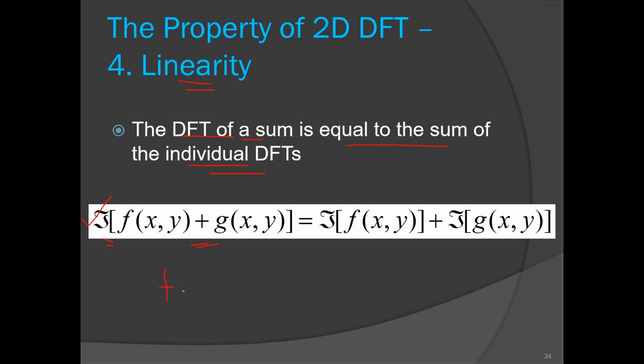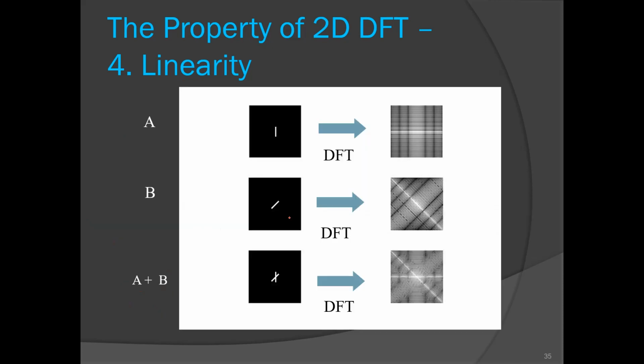If we have f into g and take the Fourier transform of this signal, it is not equal to the Fourier transform of the first function into the Fourier transform of the second function. So it is not distributive over multiplication. This is the linearity property.